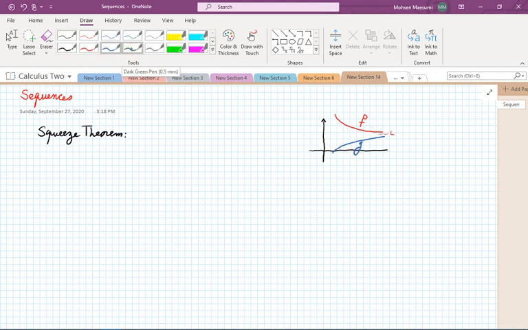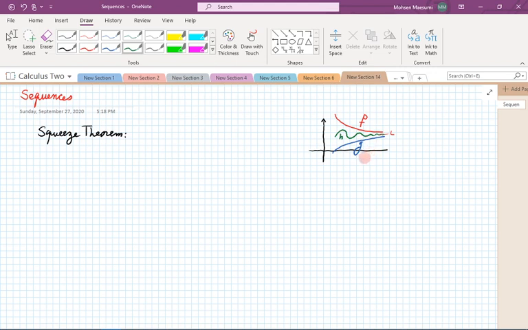And the question was, what if somebody is stuck between these two? So there's this green function, let's call it function h. If a function is stuck between two other functions and they share a limit, then the one that is in the middle also shares the same limit.